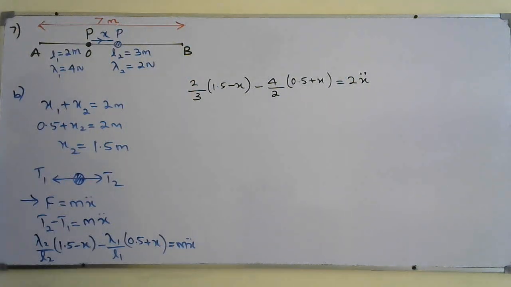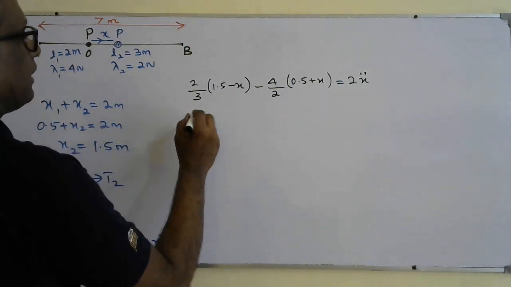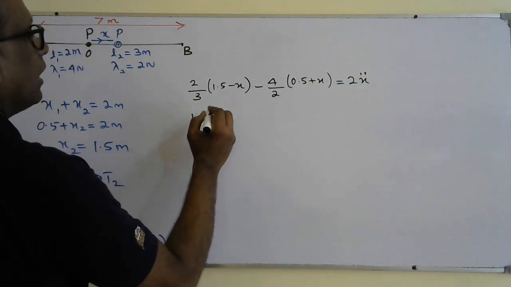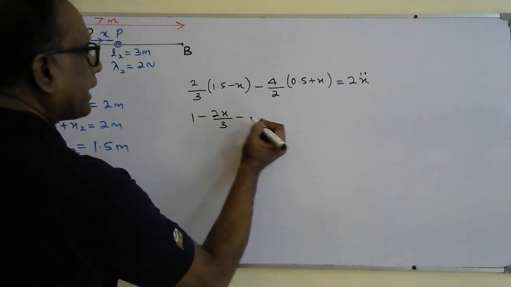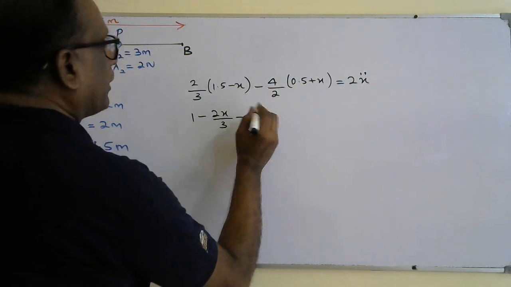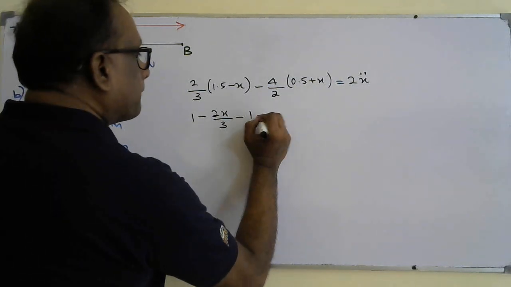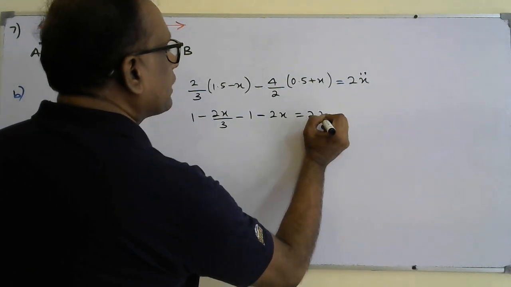Okay, we'll solve the left side. So 3 by 2, when you multiply, 3 divided by 3, 1 minus 2x by 3, minus, this is half, so 1 over 2 minus 1 minus 2x, equal to 2x double dot.